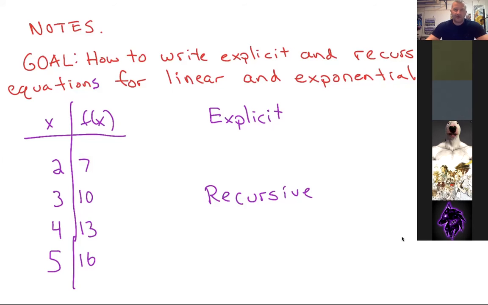Some people are writing down the goal, and definitely write down the table that I have here. How many of you remember recursive from last year? How many people remember how to write recursive equations? I see 1, 2, 3, 4.